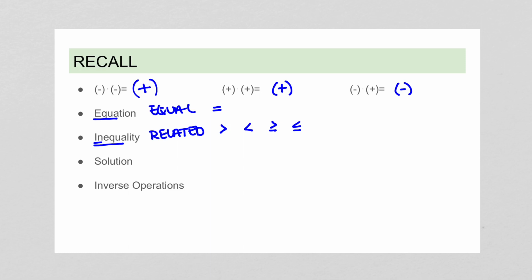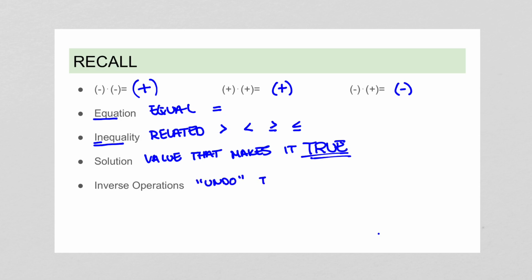A solution is a value for the variable, but it's a very specific value. It's a value that makes the statement true. And inverse operations, well, we know that is how we undo when we're solving.